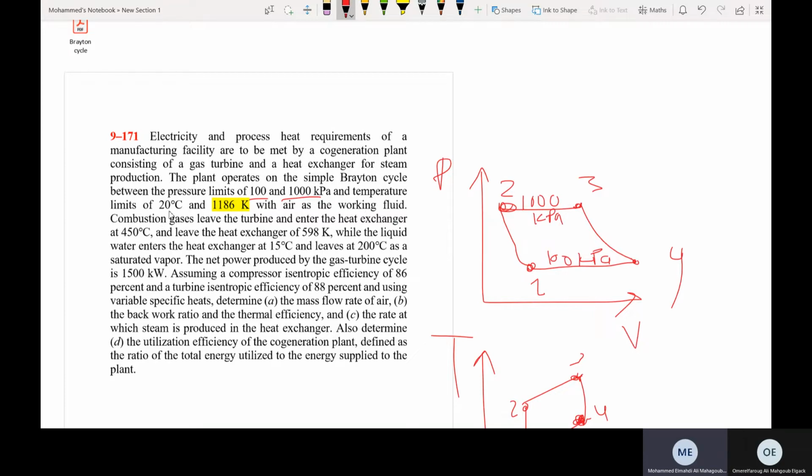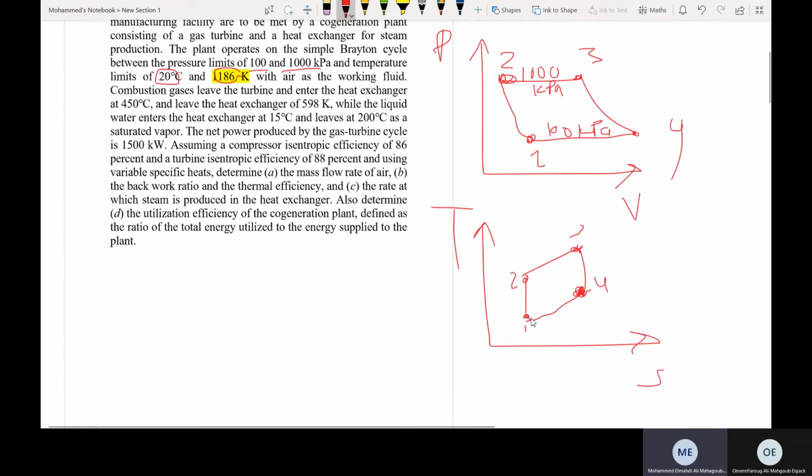And now the temperature limits are 20 degrees Celsius and 1186 kelvins. So this is point 1. Pay attention that the temperatures are not of the same unit, so don't just substitute directly. This is 20 degrees Celsius, which is equivalent to 293 kelvins.